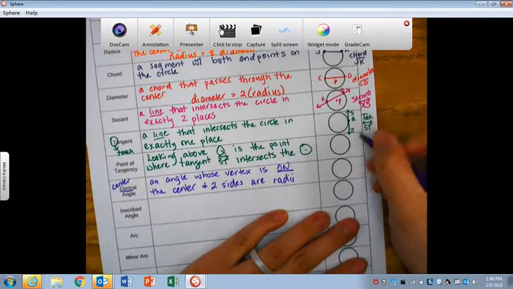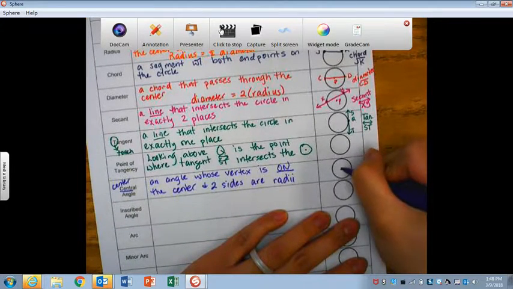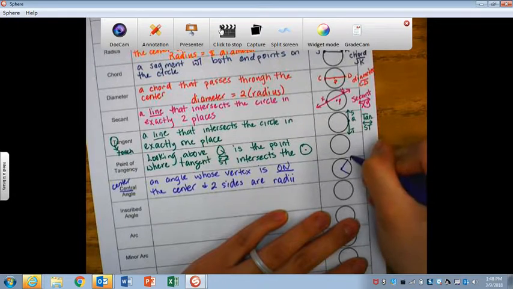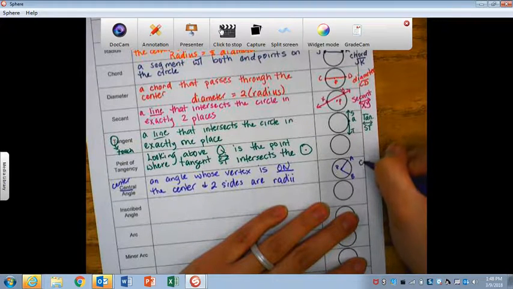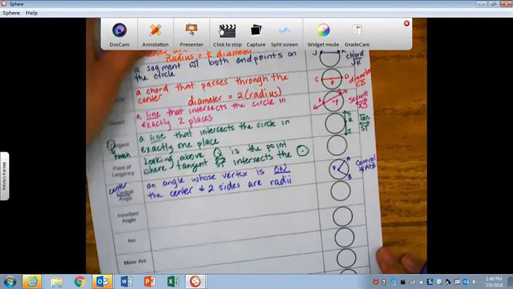So here you've got the center, that's going to be part of the vertex. So A, P, B. Central angle APB.